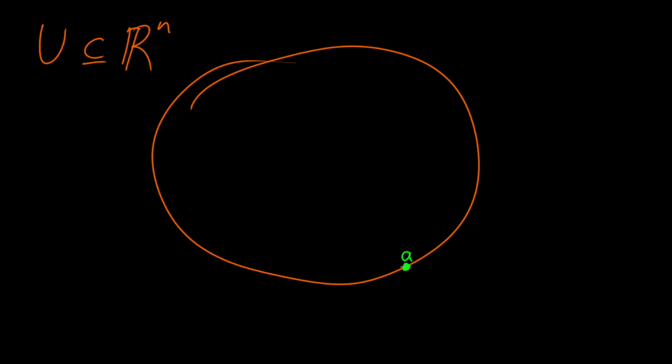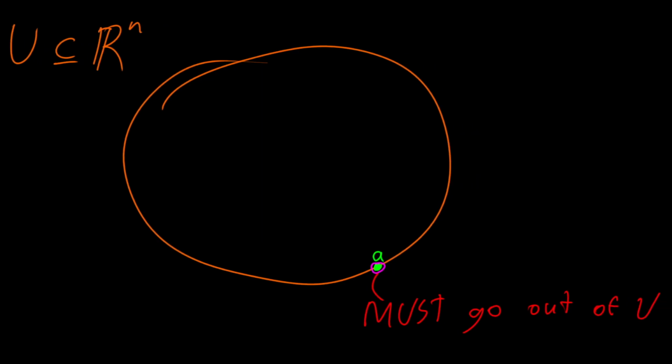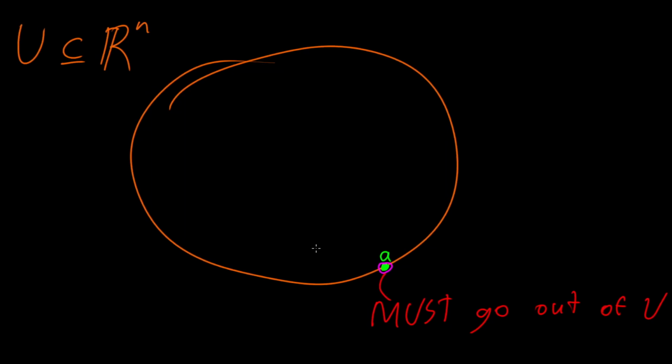And now, no matter how small I make the ball centered around A, it must go out of U. It has to, because you put it on the edge.